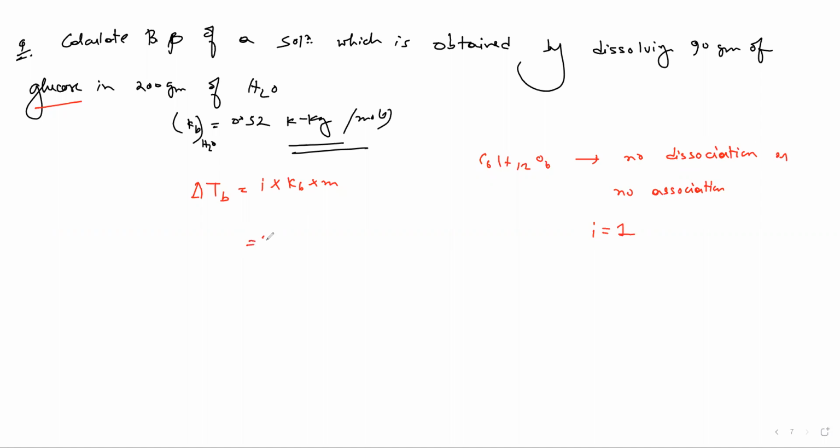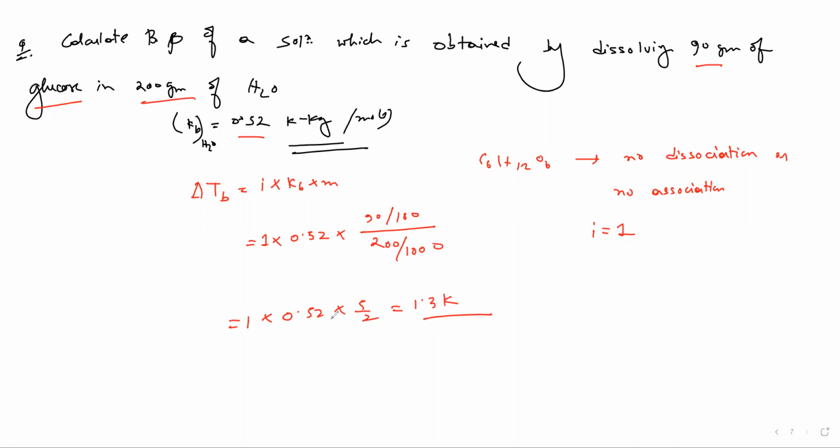Now put the value, i value is 1. Kb value is 0.52. Molality is 90 gram by molar mass, number of moles by solvent in kg. So this value becomes 1 into 0.52, so 1.3. That is the del TB value.